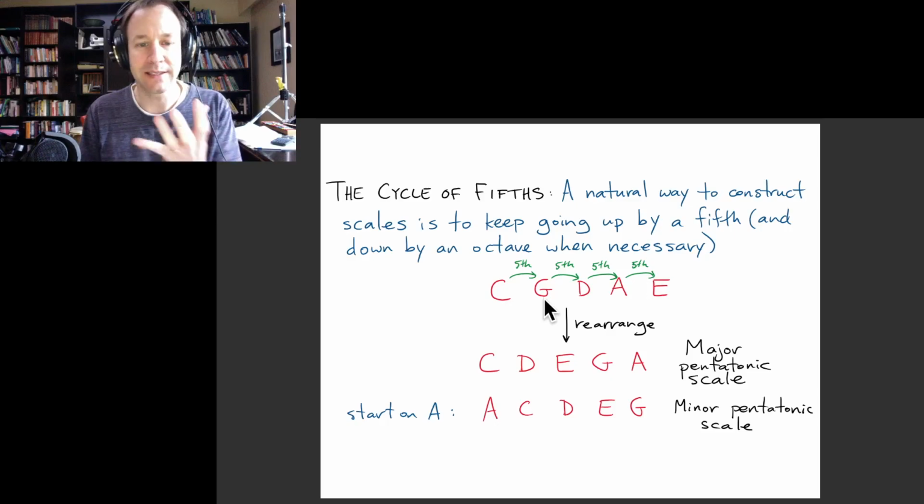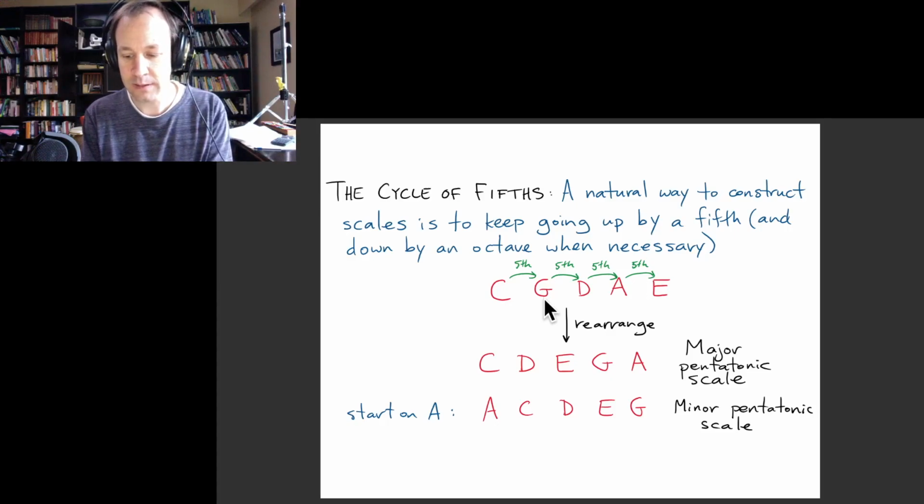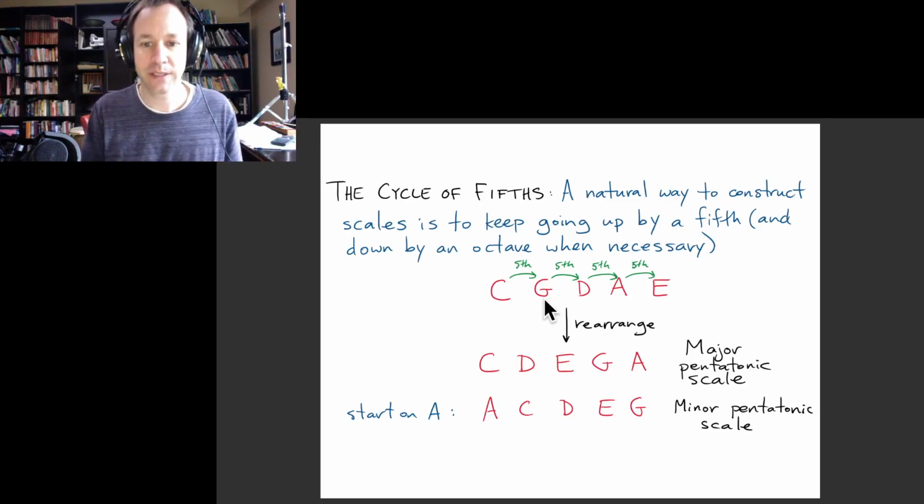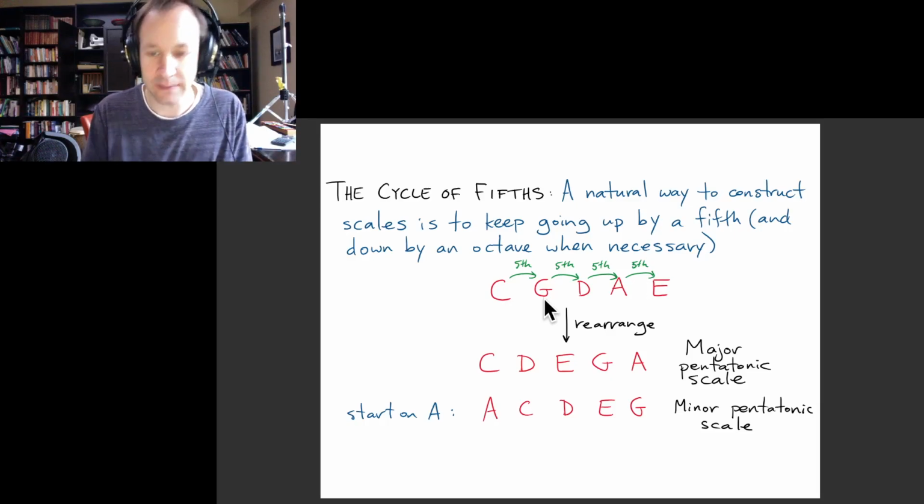If you take the same set of notes but start on a different note, so you could play the scale starting on an A, that's another very common scale, which is the minor pentatonic scale.